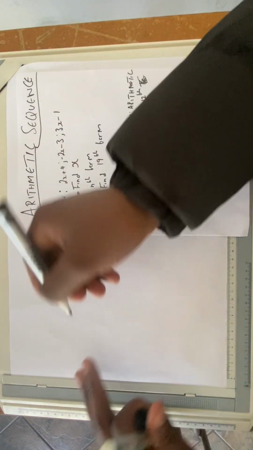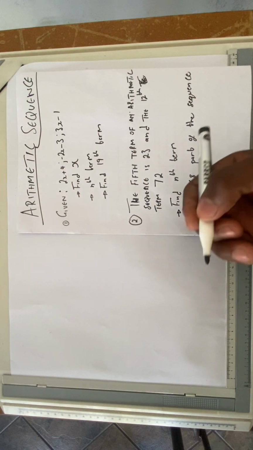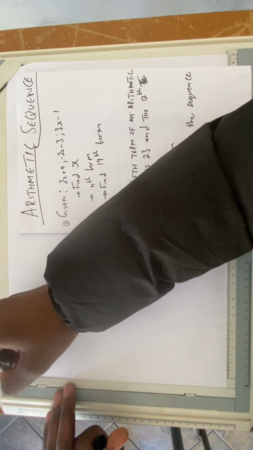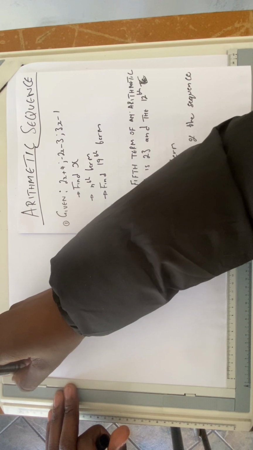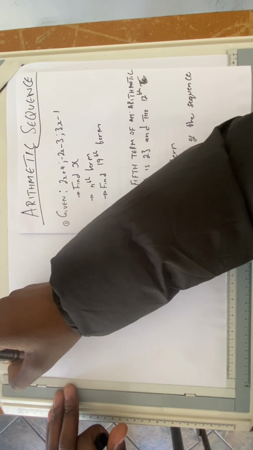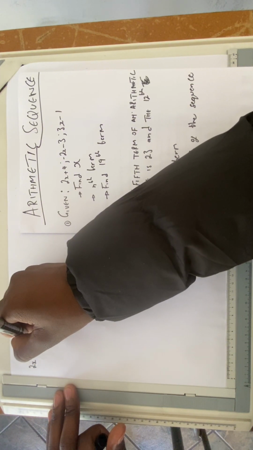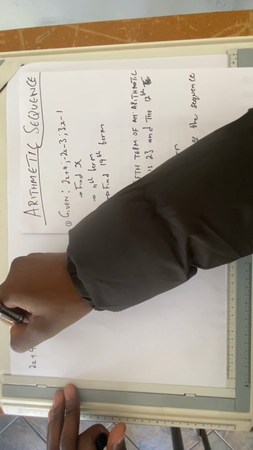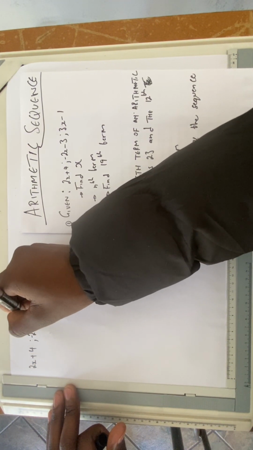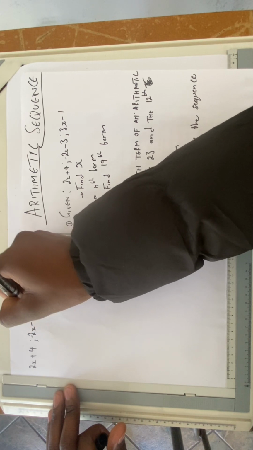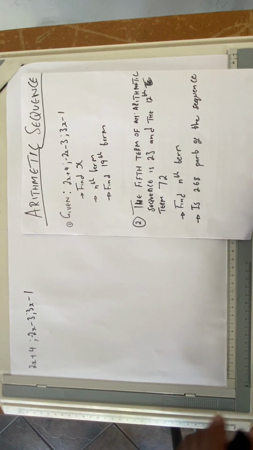So now firstly we need to have what they have given us. So I'm going to write it down here. We're going to write 2x plus 4, negative 2x minus 3, 3x minus 1.